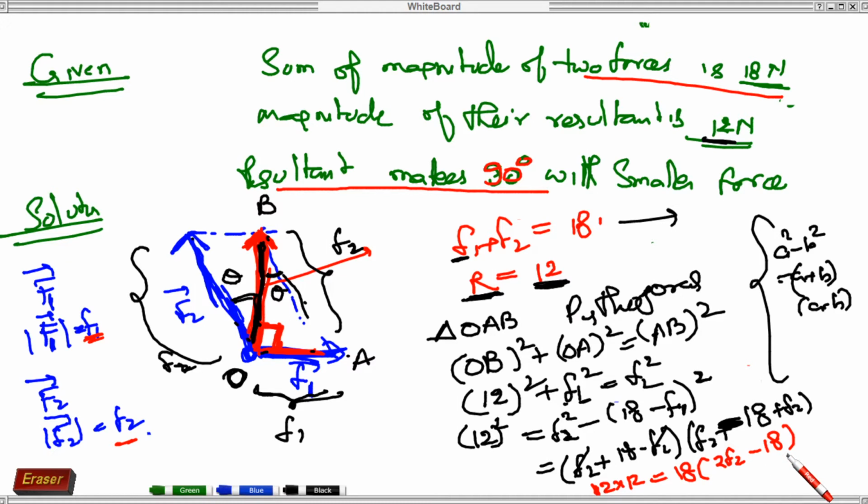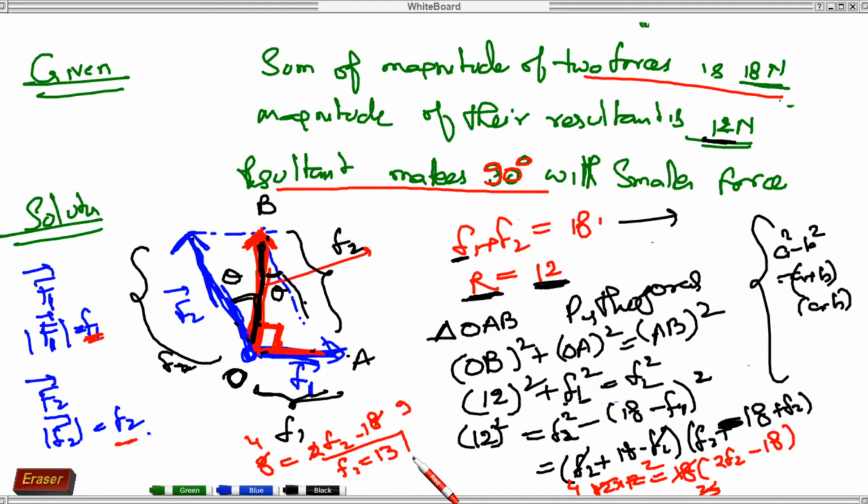Six threes are 18, six twos are 12, and three fours are 12. You can write it like this: 8 is equal to 2F2 minus 18, so 2F2 is 26, and F2 is equal to 13.